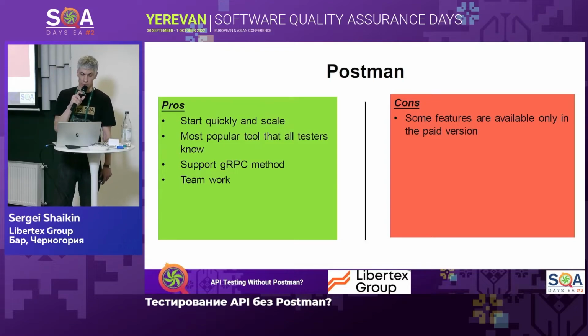Also, there's a possibility like the gRPC method, it's new, and I think it's the future. I'm happy that Postman in its beta version supports the gRPC method.